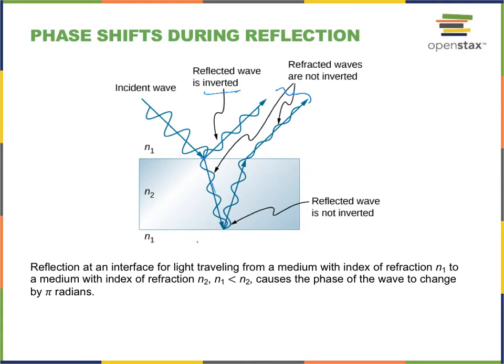In the absence of the fact that this one traveled further because the film has a particular thickness, these two would be out of phase, but it depends, again, on the path difference. The path difference between the two waves is going to be 2t, and then we have to compare this to the wavelength to determine what kind of interference we have.